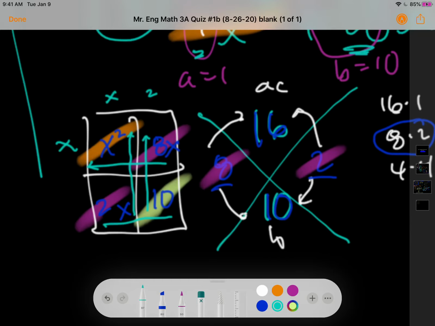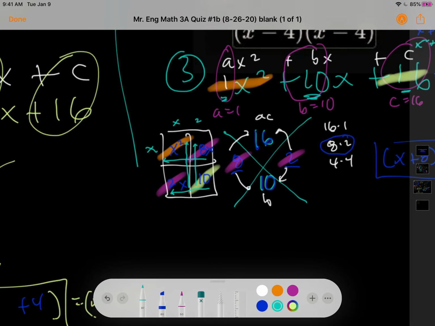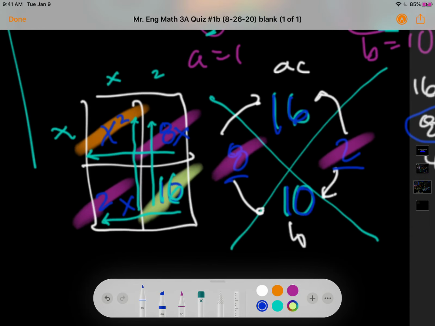And that is a 16, I believe, right? That was my mistake. That should have been 16. So what they have in common in this direction is an 8, and this direction is a 2.